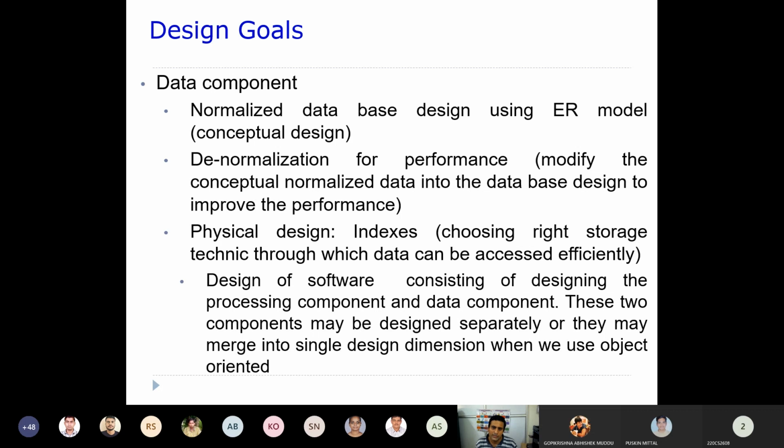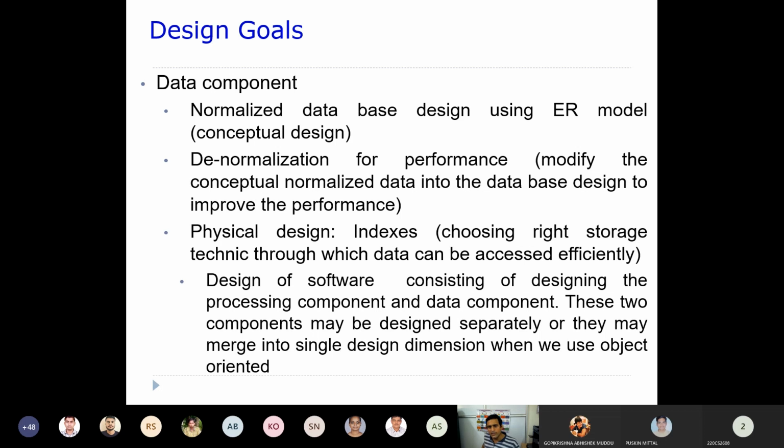As part of your physical design, you will be choosing what indexing you really require, to efficiently access the data, efficiently store the data or update the data. You apply some sort of indexing so as to store the data. These are to be decided as part of any data component.